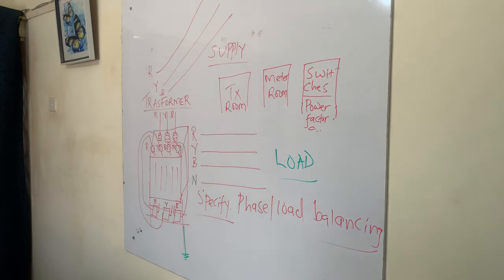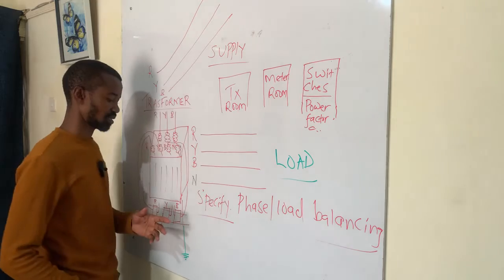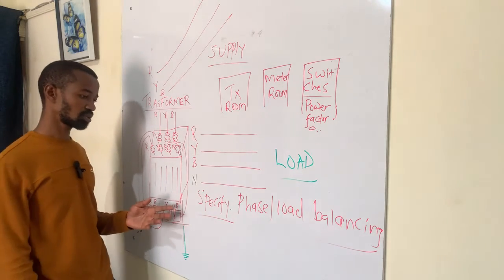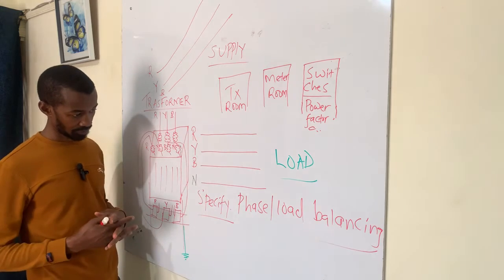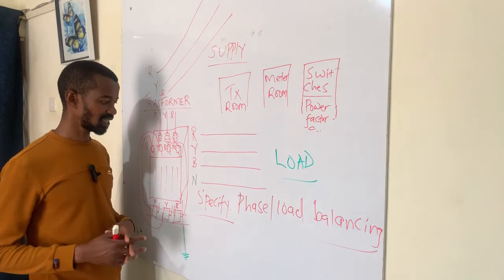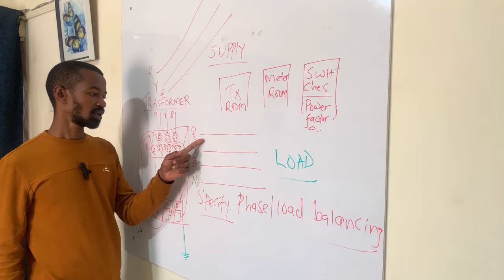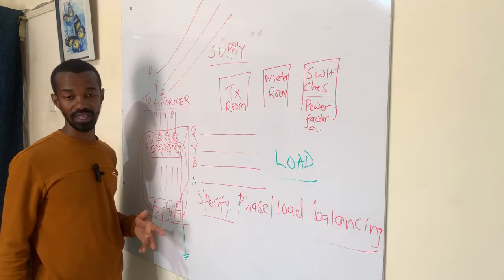Because again, you don't just have cables or conductors of any size. Let's say you have a very heavy load that will be connected there, then it will determine the size of the cables.